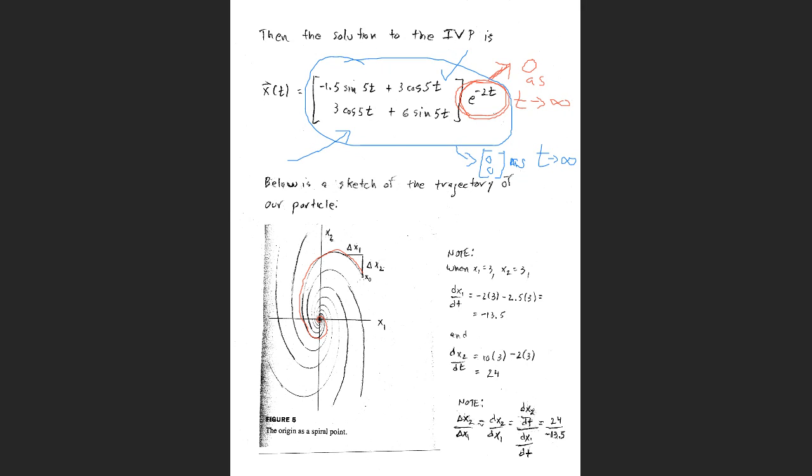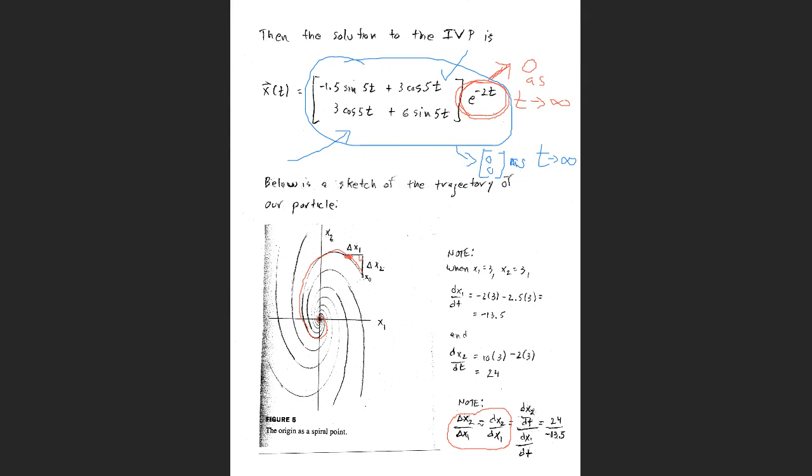I don't see this talked about in the book, but remember, if you go from one point to any other point, you can construct an approximate right triangle and have a delta x1 and a delta x2. Well, delta x2 over delta x1 is like dx2 over dx1, okay?